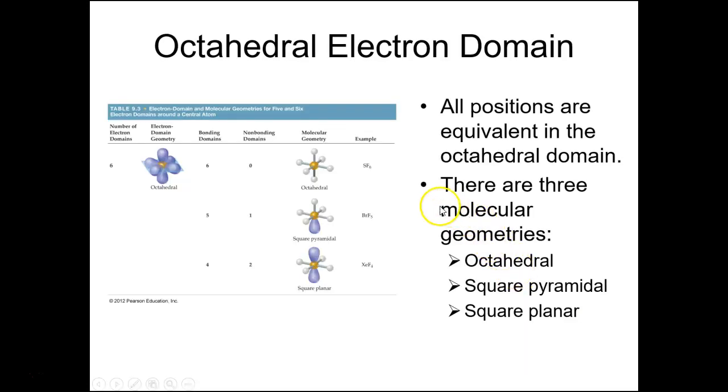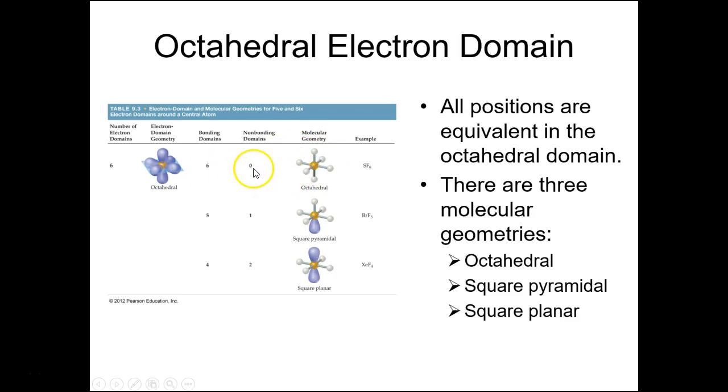If you have 12 electrons around the central atom and they comprise 6 total domains, that's what's called an octahedral arrangement. In an octahedral arrangement, all of the bond angles are 90 degrees, and there are 3 possibilities for what the molecular geometry could be.